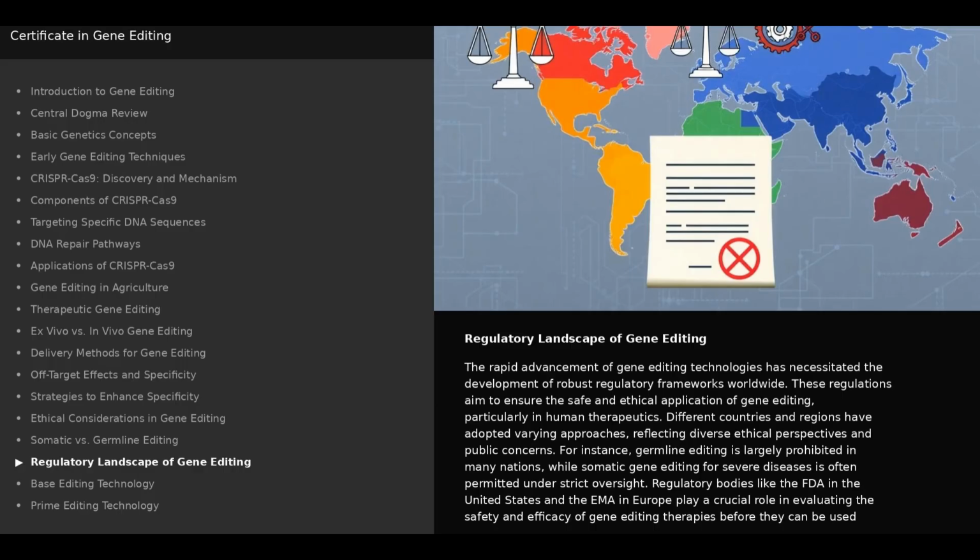International collaboration is also vital to harmonize guidelines and address global implications. The regulatory landscape is constantly evolving as the science progresses. Navigating these complex regulations is a significant hurdle for developers of gene editing technologies. Public trust and safety are paramount in shaping these policies.